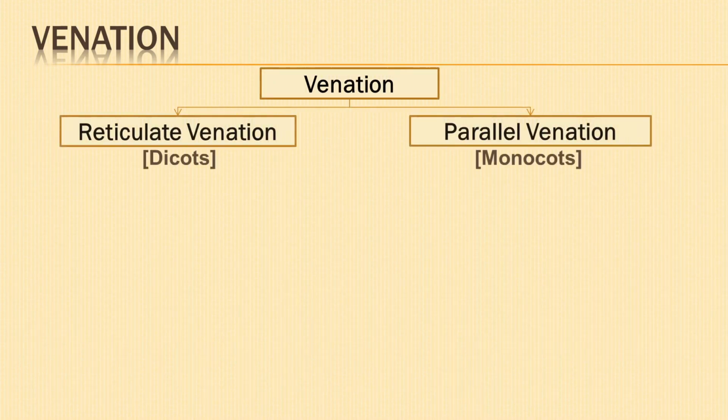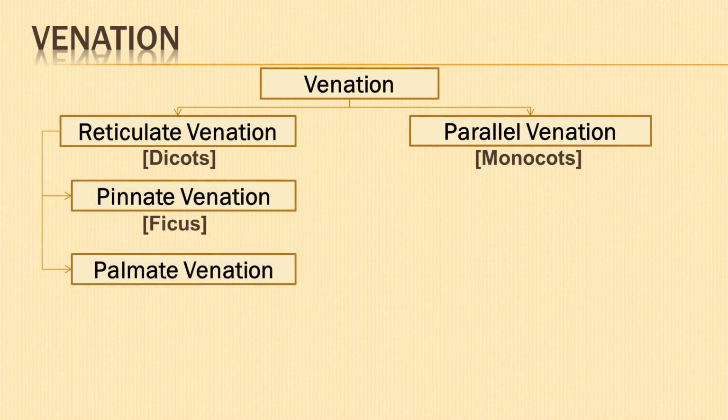Next is venation. The arrangement of veins in the blade of a leaf can be categorized into reticulate venation and parallel venation. Reticulate venation can further be divided into pinnate venation and palmate venation.